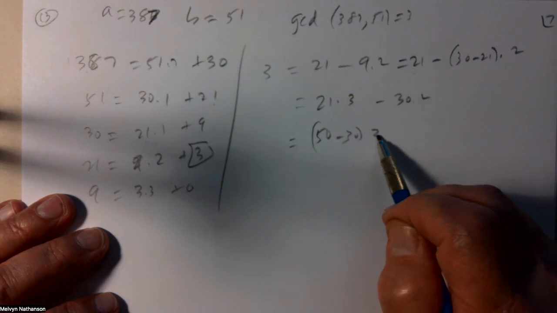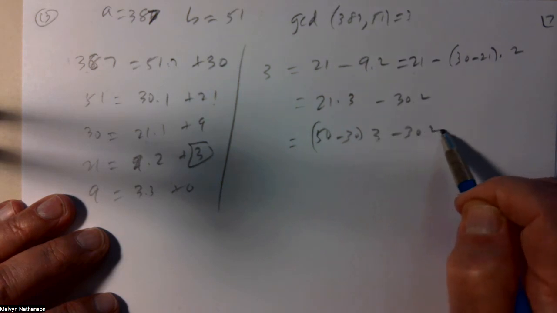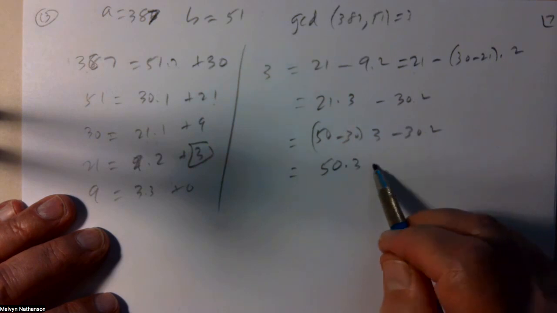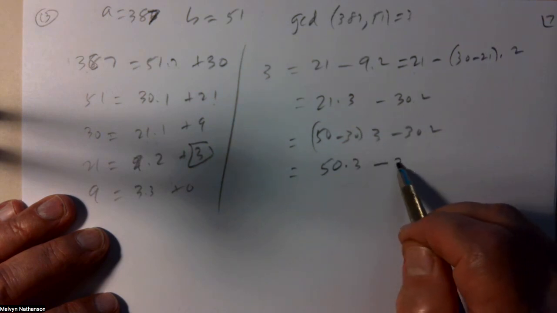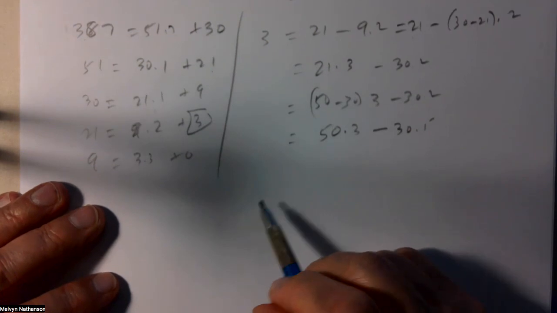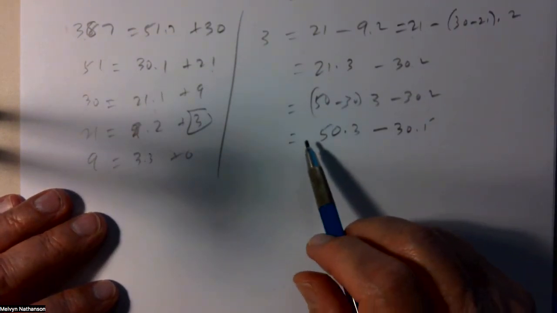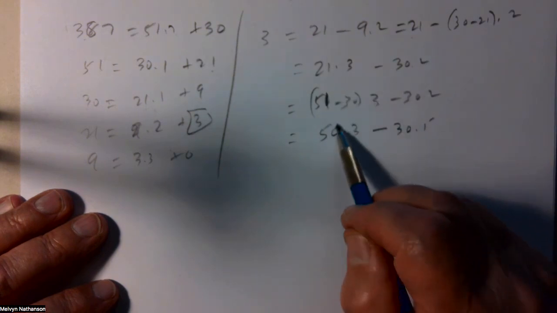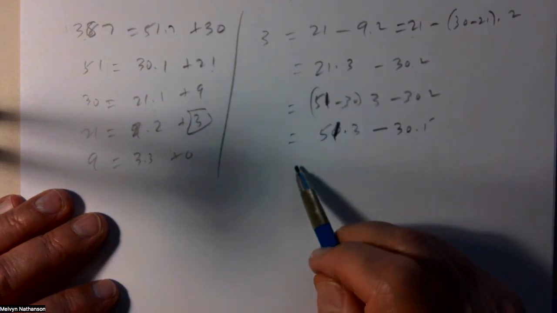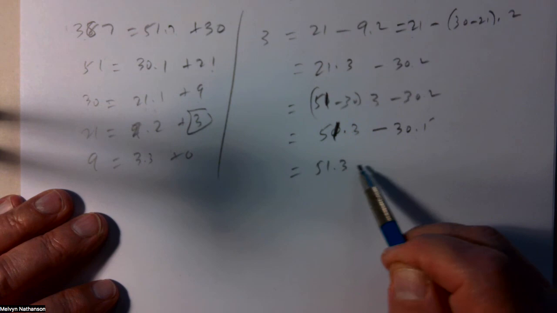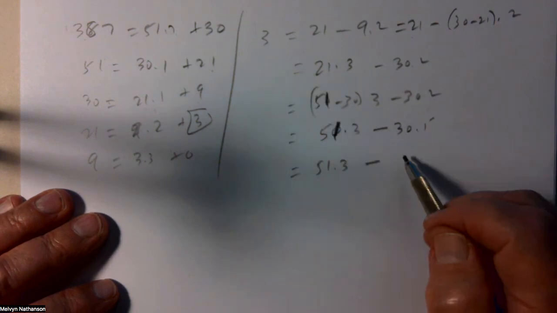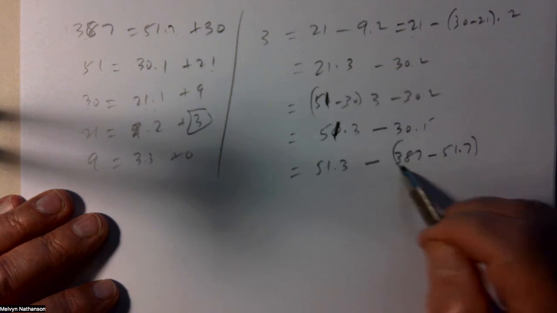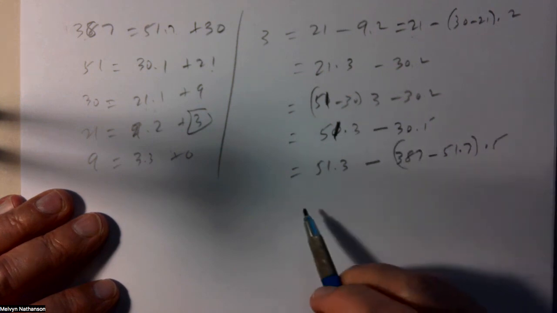So it's 51 minus 30 times 3 minus 30 times 2, which is 51 times 3 minus 30 times 5. And 30 is 387 minus 51 times 7, times 5.